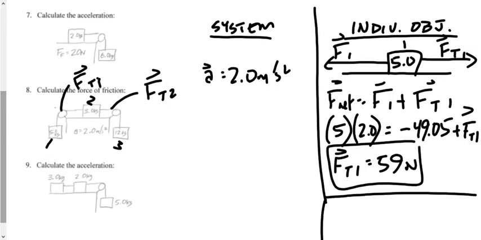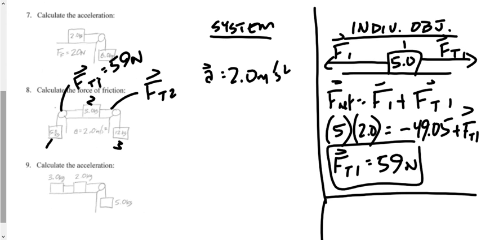You could analyze the 3 at this point because we have Ft1. Now that we know that this is 59 newtons, we could analyze Ft2 using the 3 kilogram object, but we're not going to do that. We're still going to use the object on the end. As a general rule of thumb, you want to pick an object on the end. They tend to be easier to deal with.